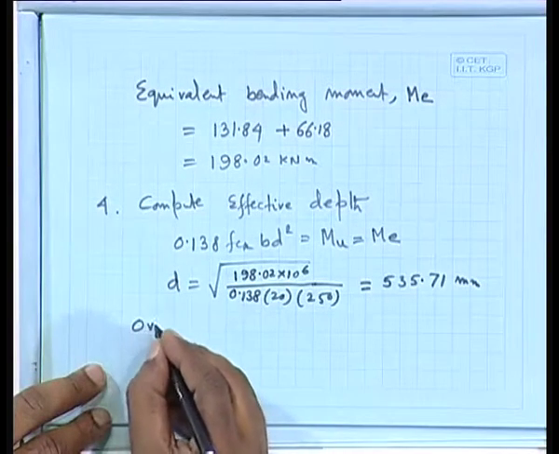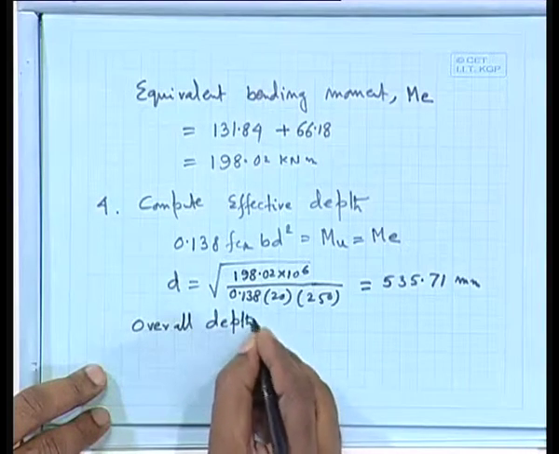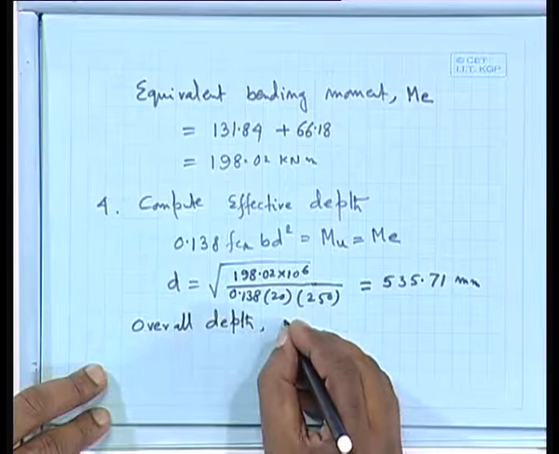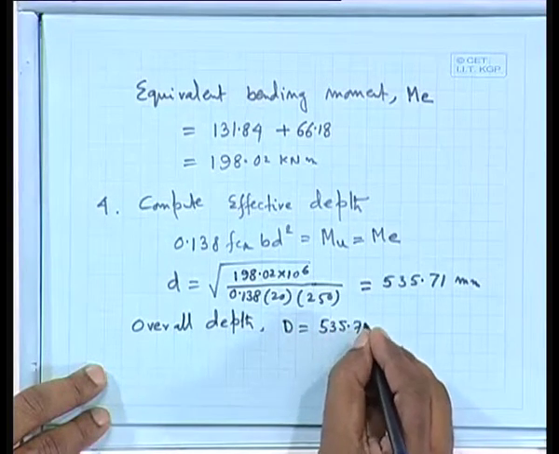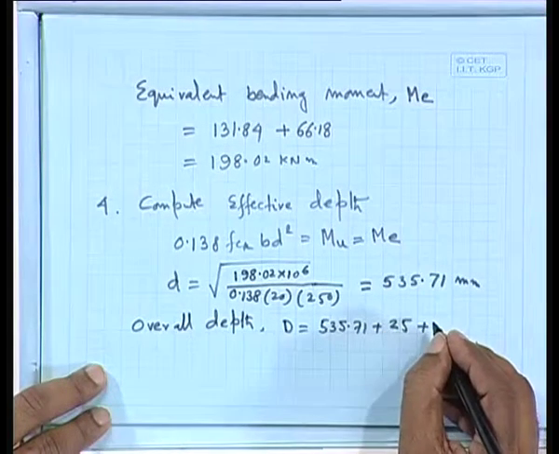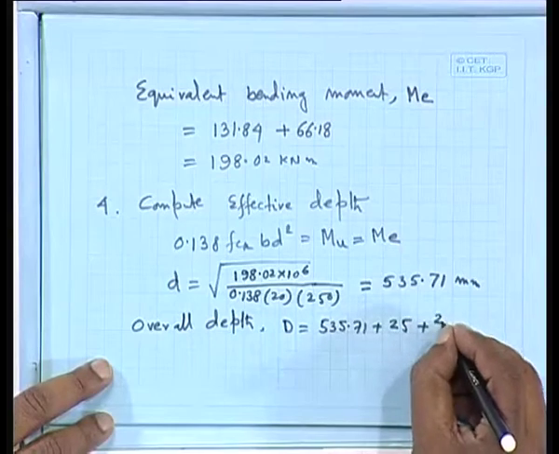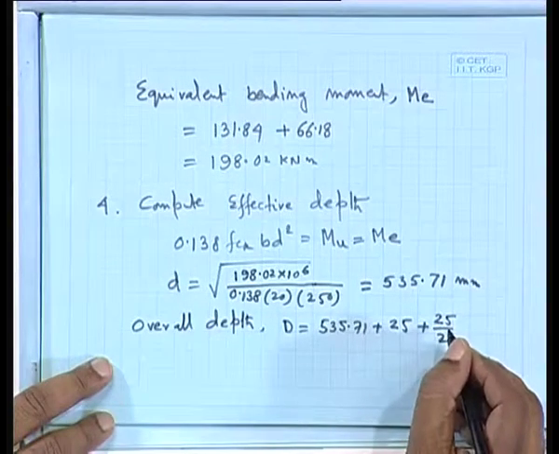Overall depth D equal to 535.71 plus 25 is the clear cover, plus let us take that bar diameter a little higher side, 25 by 2, that is 25 millimeter dia bar, let us assume.